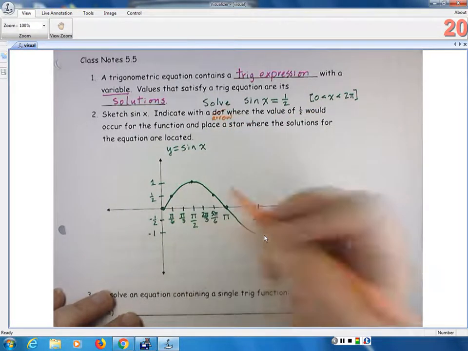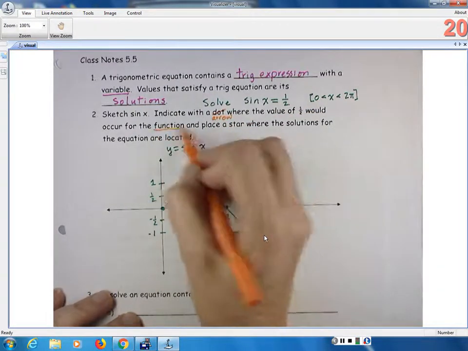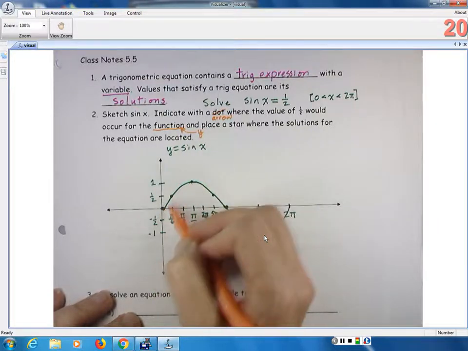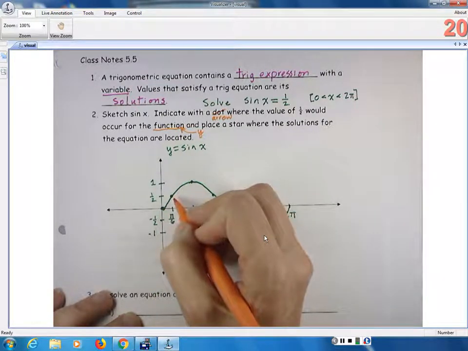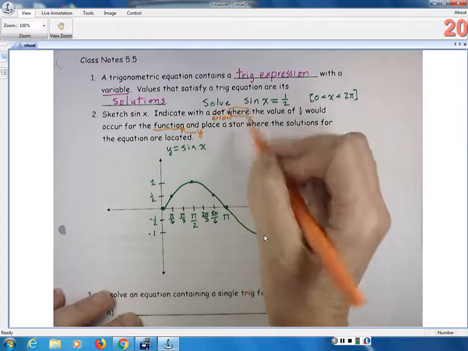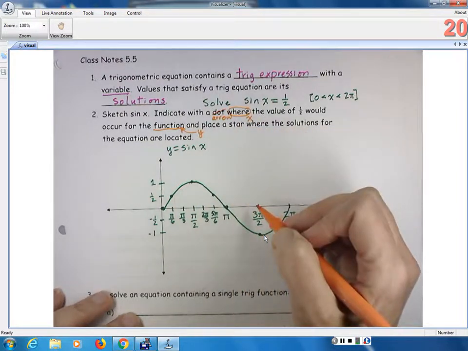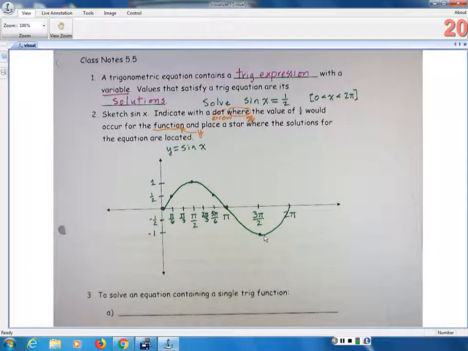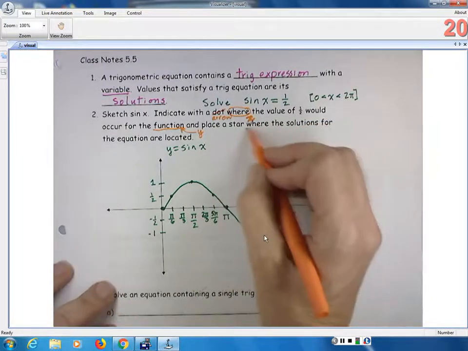The function is y, but where is x? So I have to rewrite this problem. Place a star where the solution is, that's x.